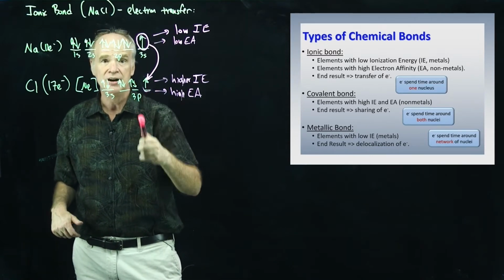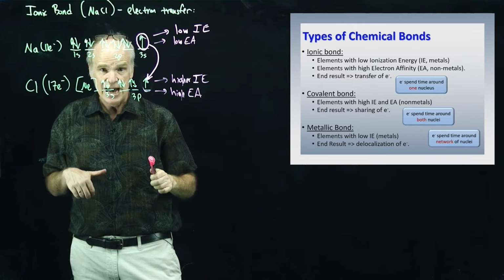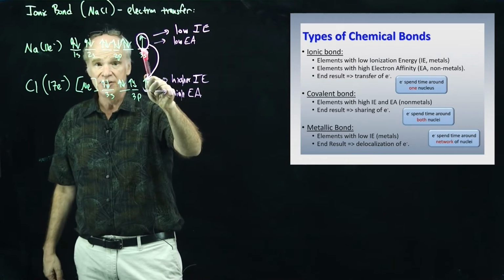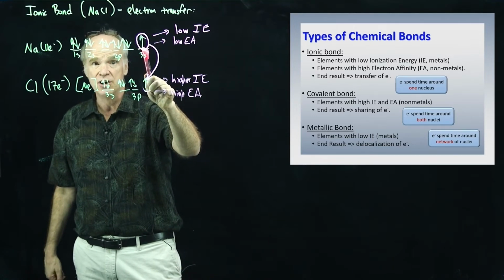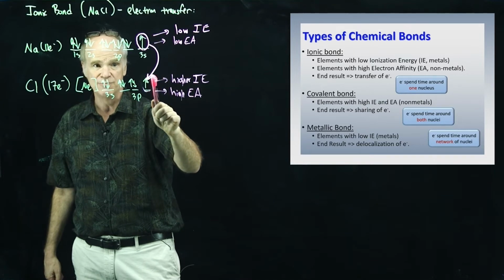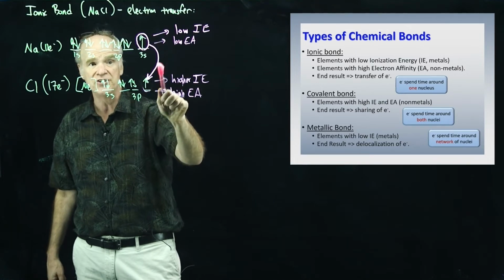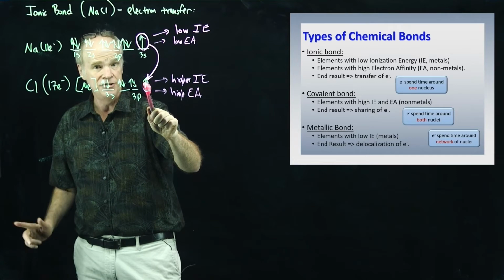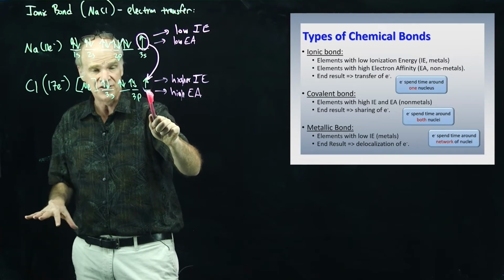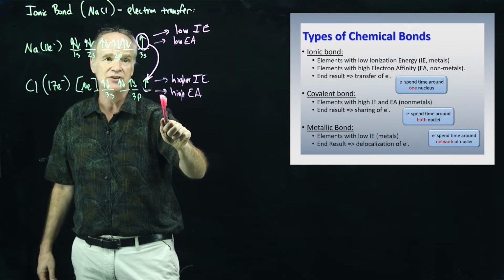The reason is that this electron of sodium has a relatively low ionization energy, much lower than chlorine's, so it wants to transfer over this way. Additionally, chlorine wants that electron; it has a very high electron affinity.